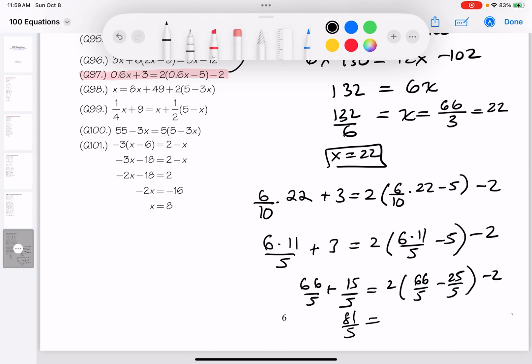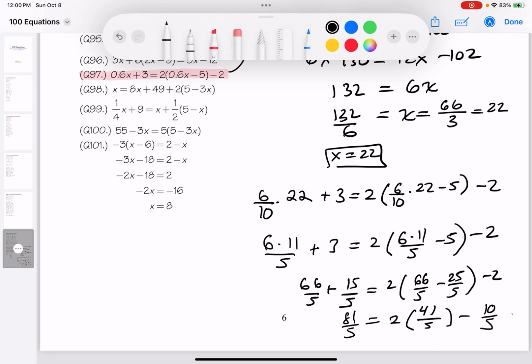All right, 66 and 15, 76, 81. Well, let's do this. 2, this is going to be fifths. This is 10 fifths. And let's see, 66 minus 25, you get 41. Okay? What do you get there?